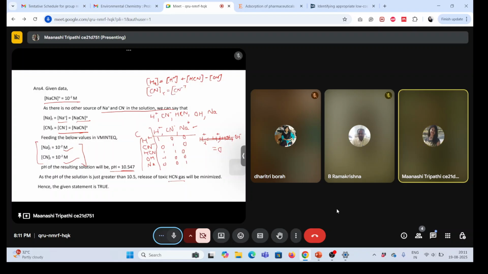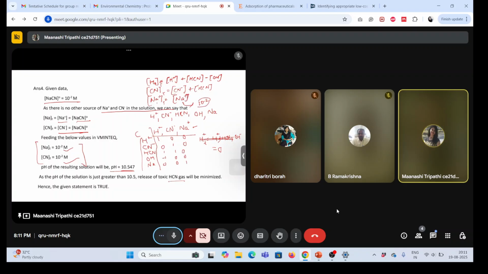CN negative plus HCN, and we can write Na total as Na plus. For Na we will know, so how can we solve this? For Na we know that it is 10 to the power minus 2. So Na total we got. Okay, Na plus is equal to Na total, so Na plus is 10 to the power minus 2. One thing is solved.